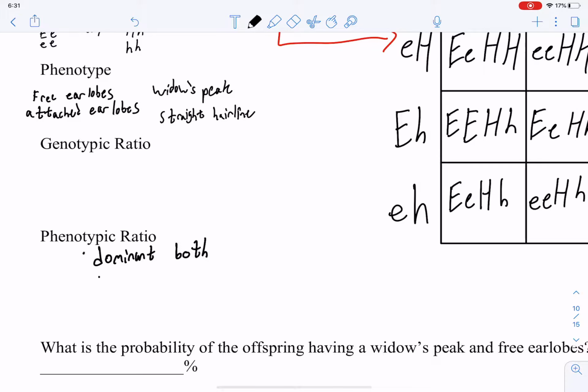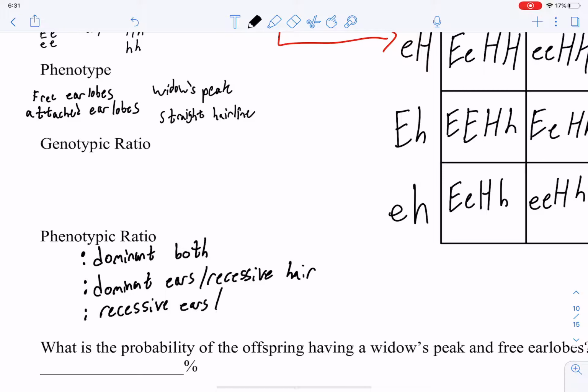Then we'll put a number there for how many are dominant for ears, recessive for hair. Then we're going to look at recessive for ears, dominant for hair, and then our last one, recessive for both.